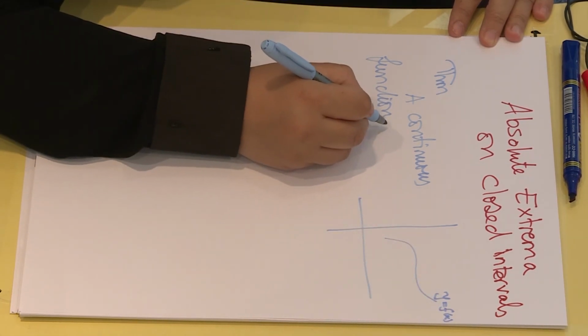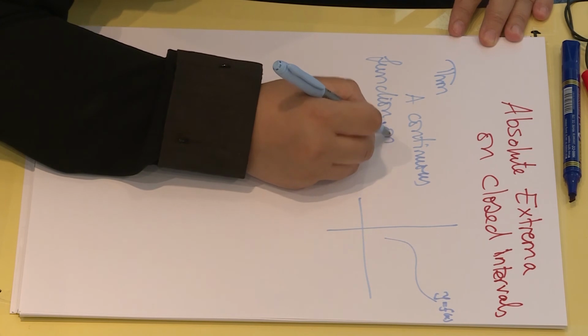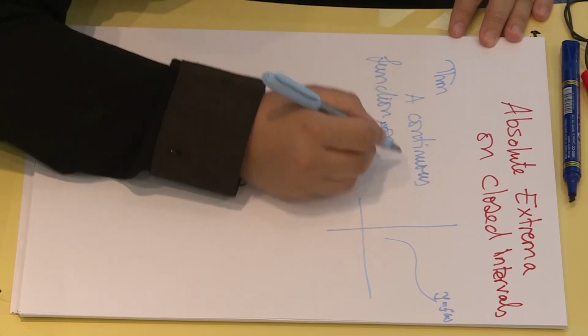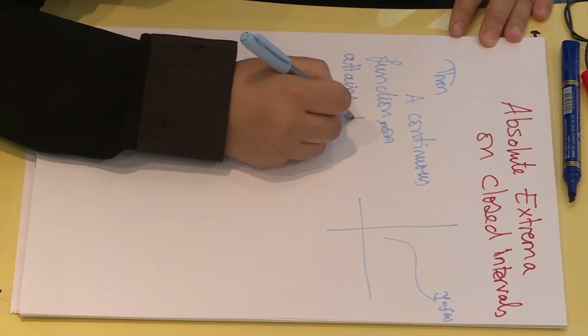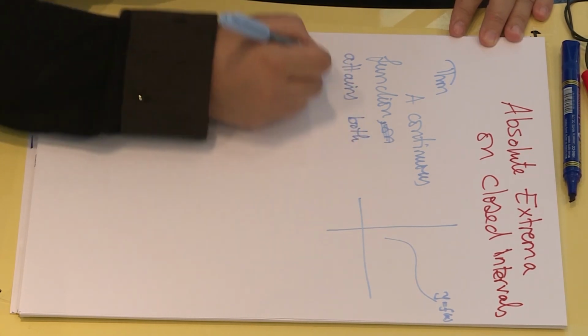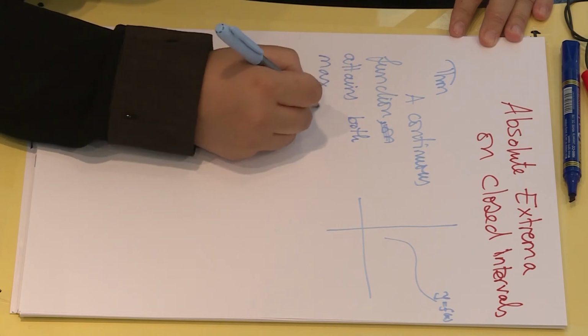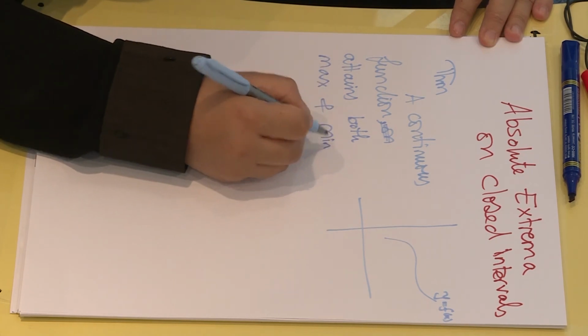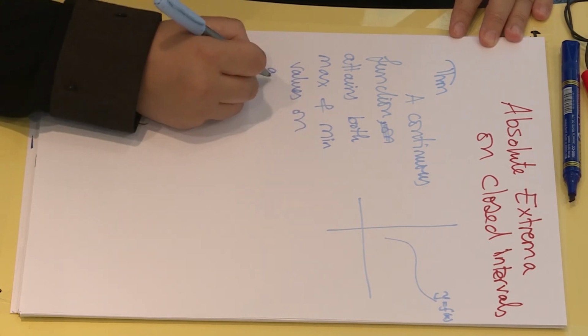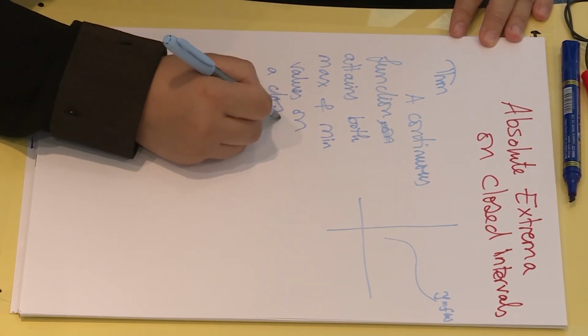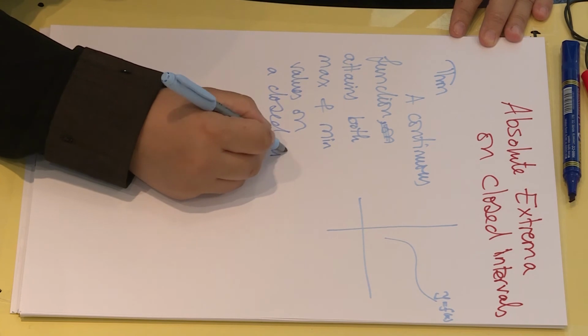On a closed interval, or let's say a continuous function attains both maximum and minimum values on a closed interval.